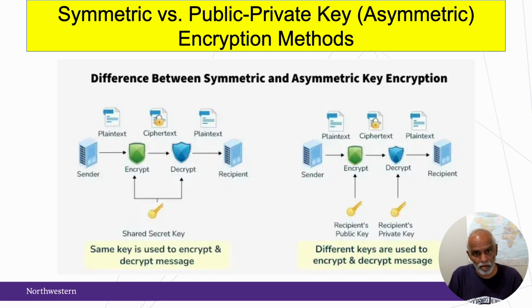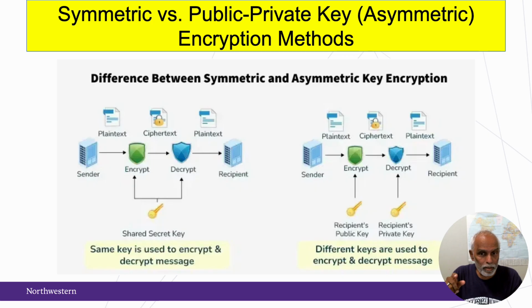In the case of the asymmetric encryption method, we have what is called a public-private key. The recipient is given a two-part key: the recipient's private key, and the other part, the recipient's public key, which can be shared with others. Others encrypt the plain text into ciphertext using the public key.